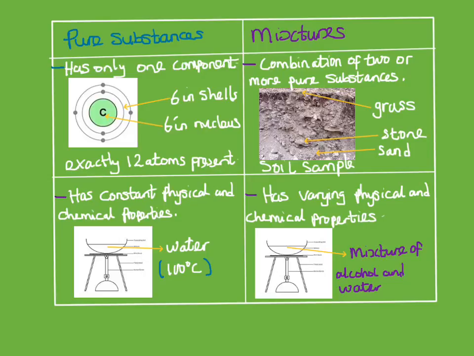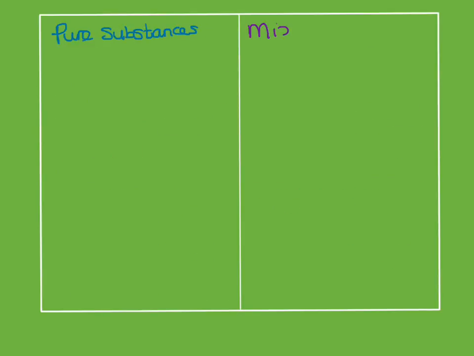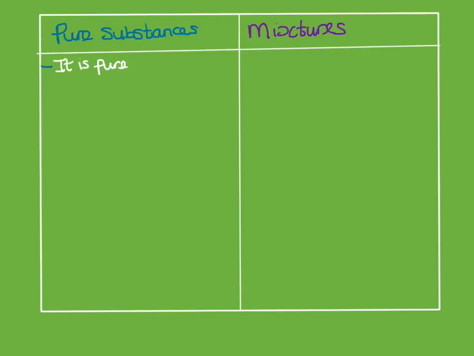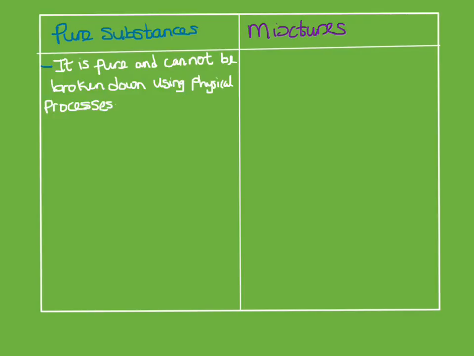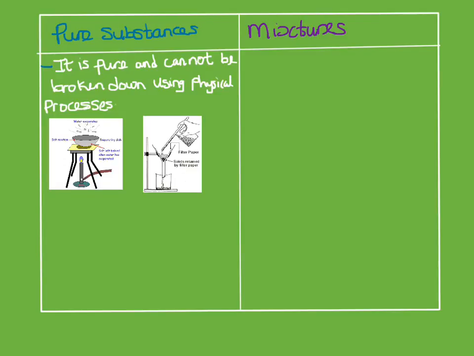Pure substances are pure and cannot be broken down using physical processes. Examples of these physical processes include evaporation and filtration.